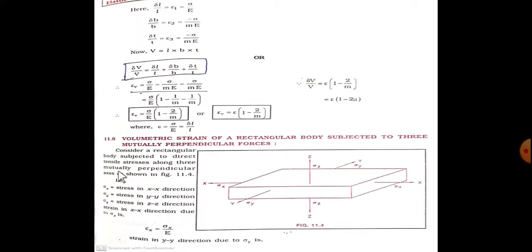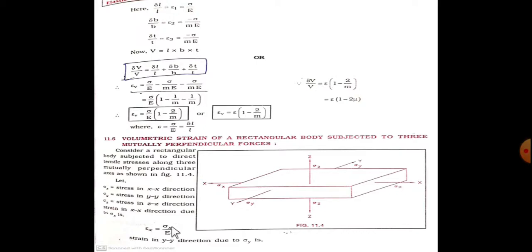So consider a rectangular body subjected to direct tensile stresses along three mutually perpendicular directions as shown in the figure: sigma x, sigma y and sigma z. There are three stresses, so we can calculate the three strains in those directions.